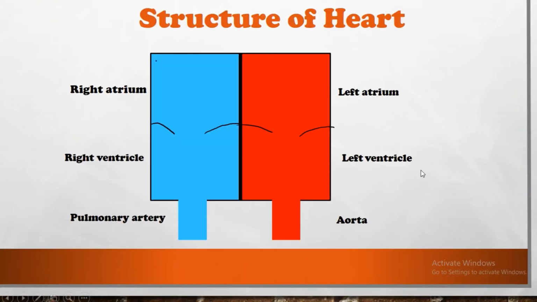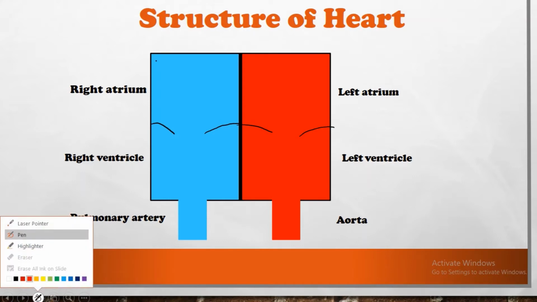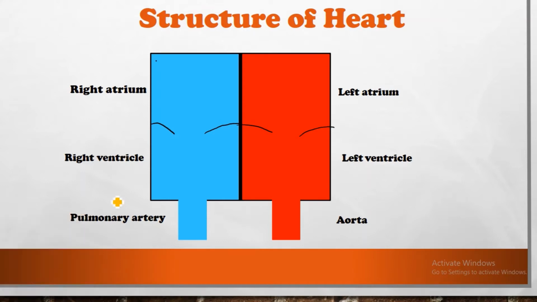So we will discuss the remaining two valves. As you know, the blood is flowing from the upper chamber to the lower chamber on both sides, and from the lower chamber, the blood will flow into the respective arteries. The right ventricle will pump the blood into the pulmonary artery.